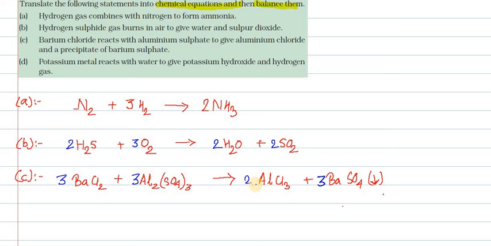So to balance this number of aluminium, we simply have to multiply. So 2 and 3, the LCM of 2 and 3 is 6. So we have to multiply 2 with 3.